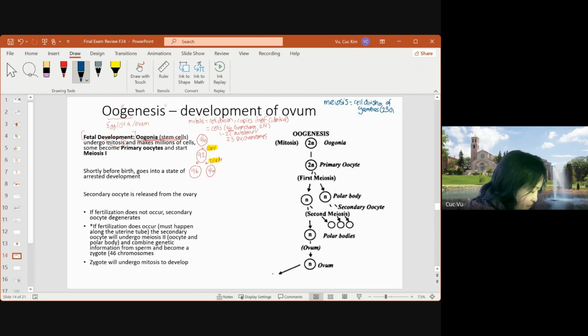Exactly. Or another way of saying that is just plain 1N. So meiosis is a cell division of the gametes. Essentially, it's going to produce gametes. So eventually the cells have to go down to 23 instead of ending up with 46.